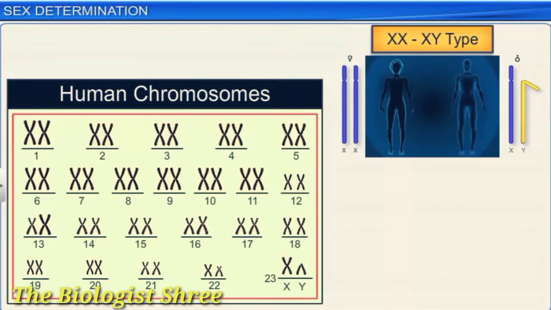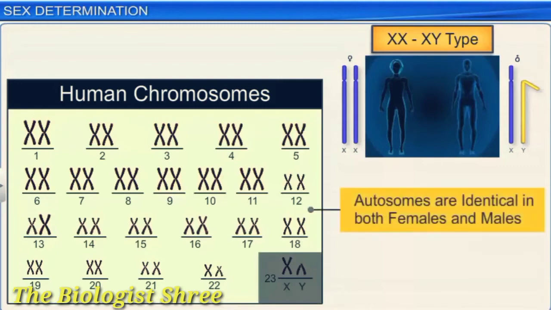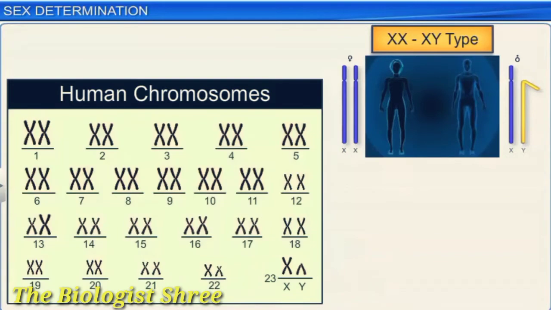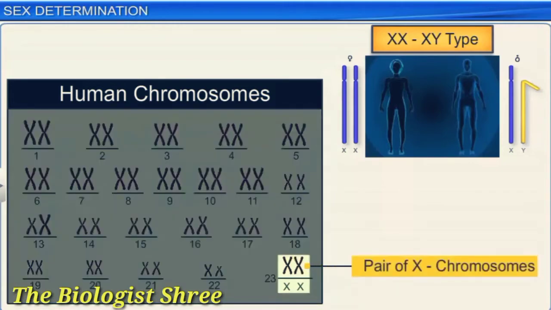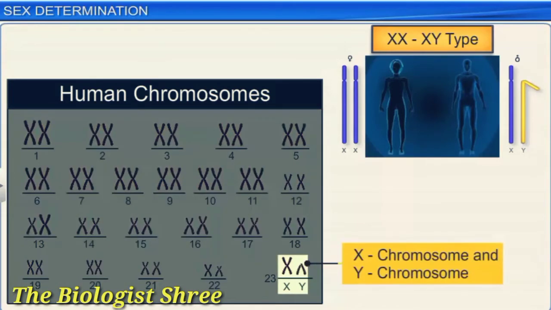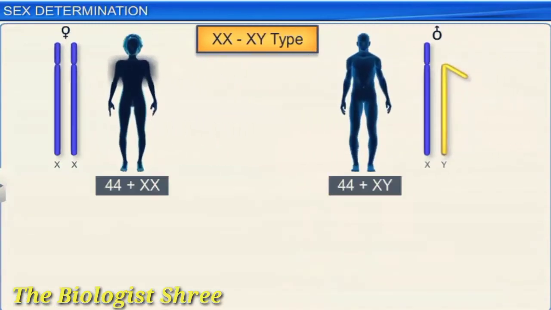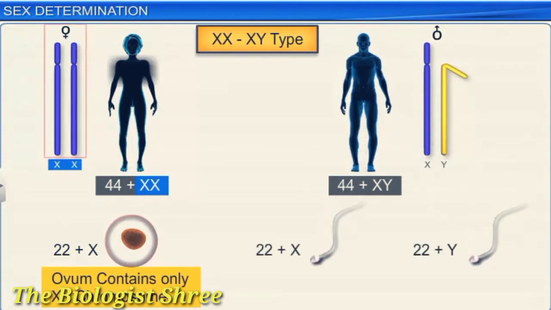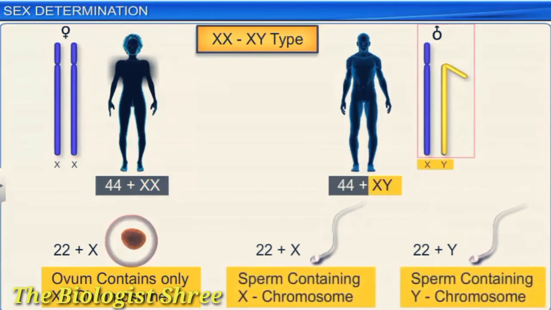Of these, the 22 autosomes are identical in both females and males, while the sex chromosomes are different. The sex chromosomes in females are a pair of X chromosomes, while those in males are an X chromosome and a Y chromosome. In other words, the ovum produced in females contains only the X chromosome, while in males, two types of gametes, X and Y, are produced during the process of spermatogenesis.